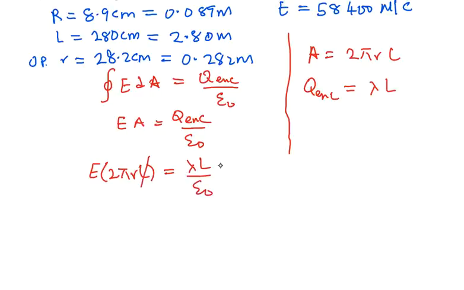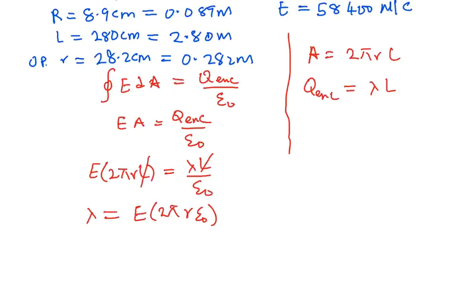So L cancels L, and making the linear charge density the subject, we have lambda is equal to E into 2 pi R epsilon naught.